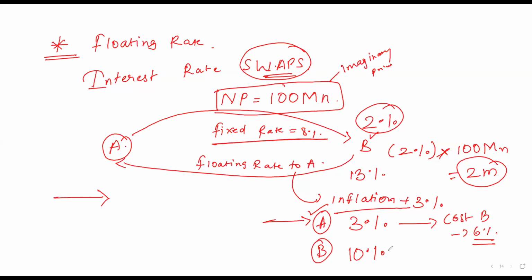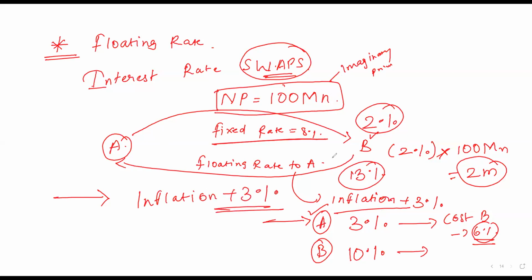If the interest rate is 10%, floating rate is 13%. If the interest rate is 3%, floating rate is 6%. So whatever may be the inflation, 3% adding to it would be the floating rate percentage, 3% inflation plus 3%. That is what the floating rate is.